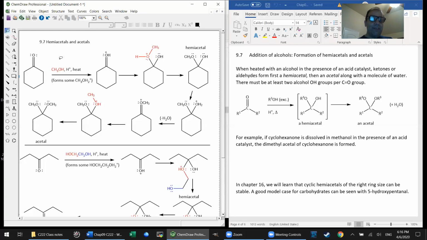And the idea is when you add a little bit of acid, which by the way, they might write H+, they might write H2SO4, or some other strong acid. It doesn't really matter what the identity of the strong acid is.